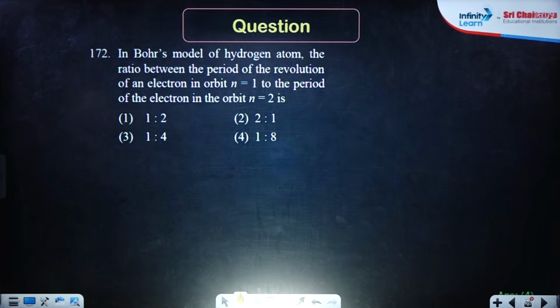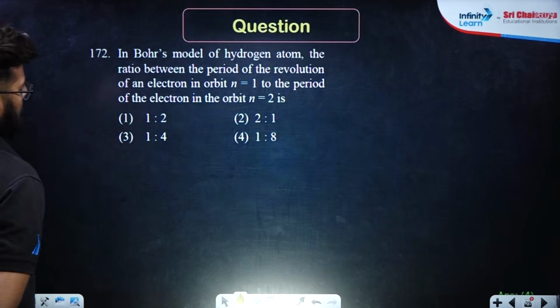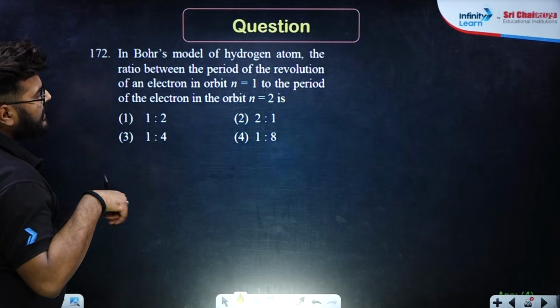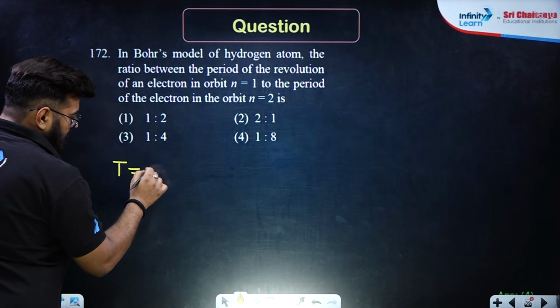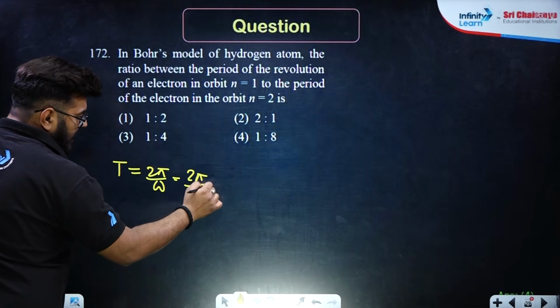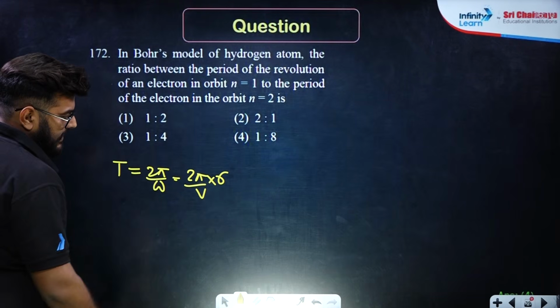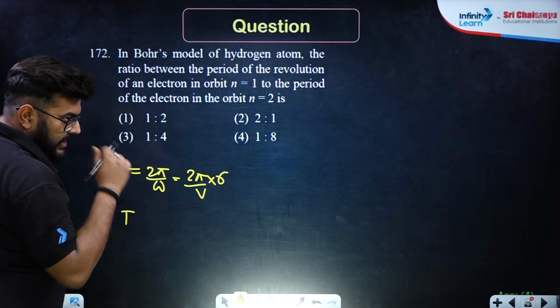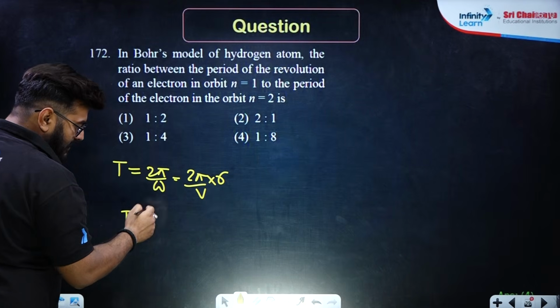In Bohr's model of hydrogen atom, the ratio between the period of revolution of an electron in orbit n equals 2 to n equals 1 is. See, period of revolution is time, which is 2 pi by omega, and omega is v by r, correct? Now r is basically 0.53 n square by Z, right?